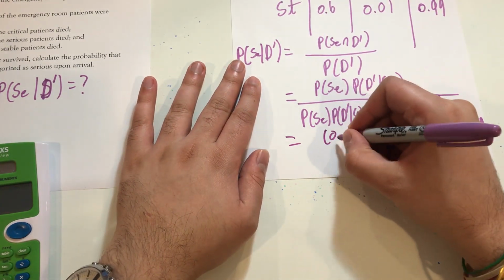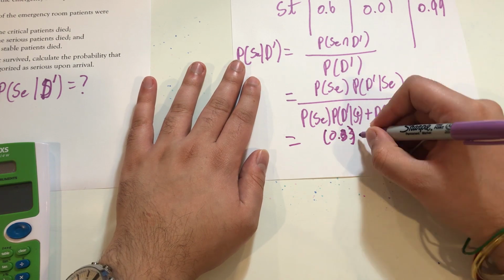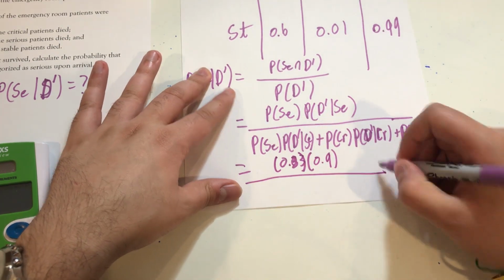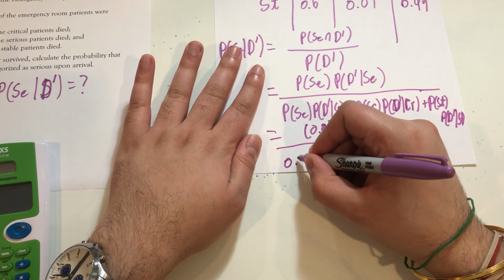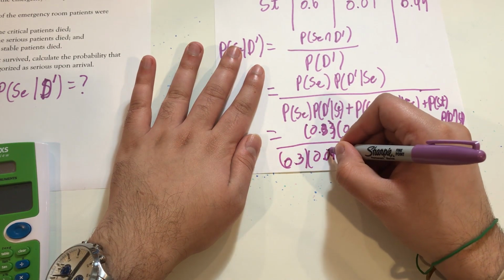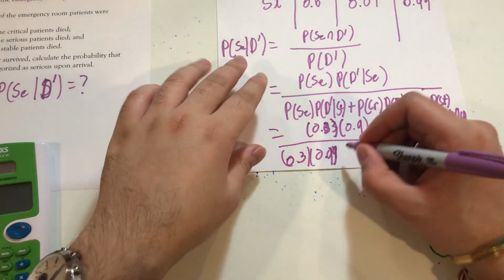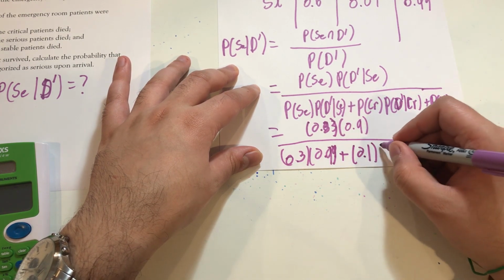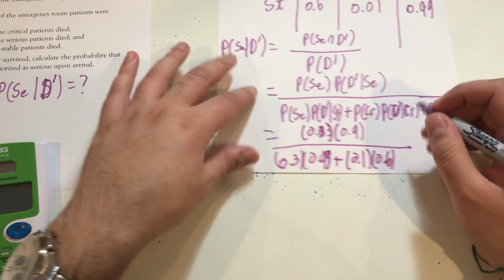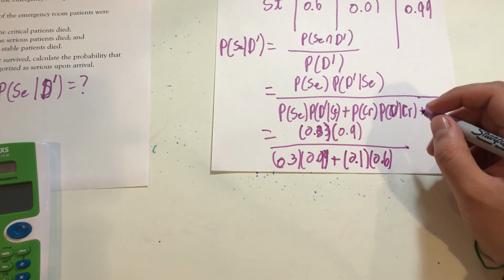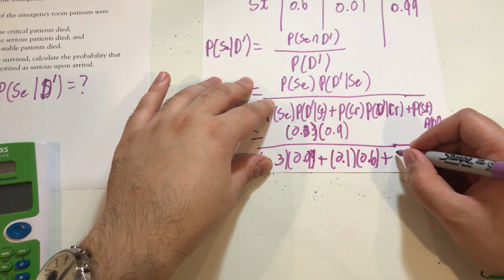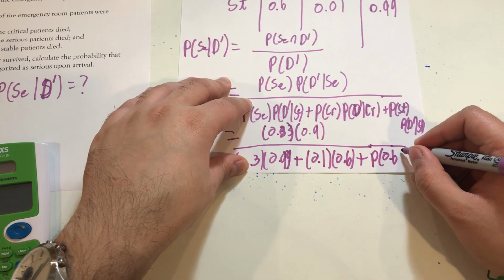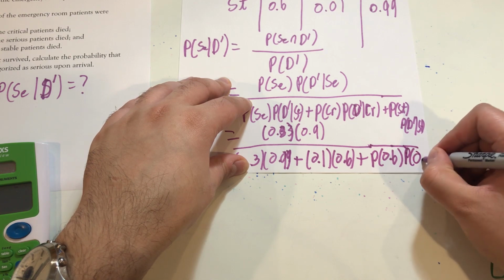Probability of being serious, that's 0.3, times the probability that you survived given that you're serious, that's 0.9, divided by this information: 0.3 times 0.9, I keep making that mistake if I go too quickly, plus the probability that you're critical, so that's 0.1, times the probability of surviving given that you're critical, that's 0.6, adding to that the probability that you were stable, so that's 0.6, times the probability of surviving given that you're stable, which is 0.99.